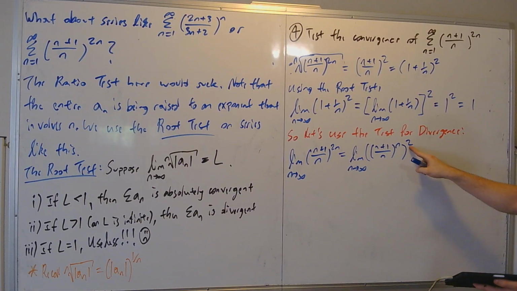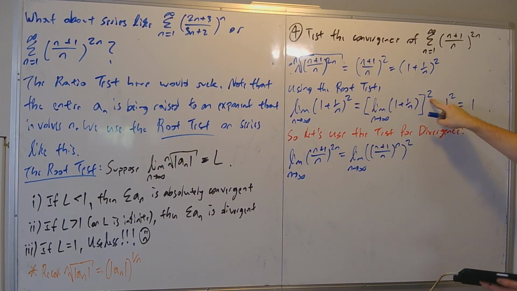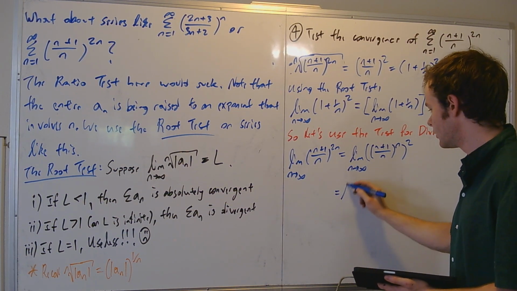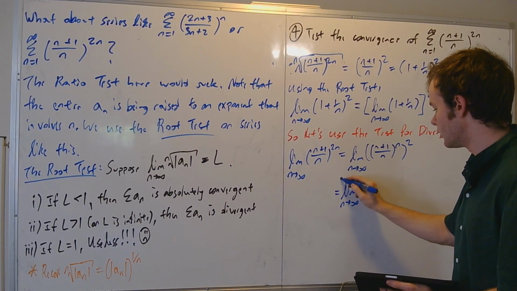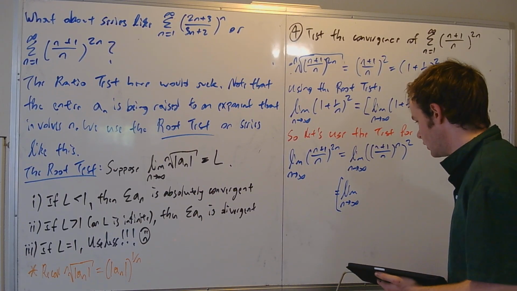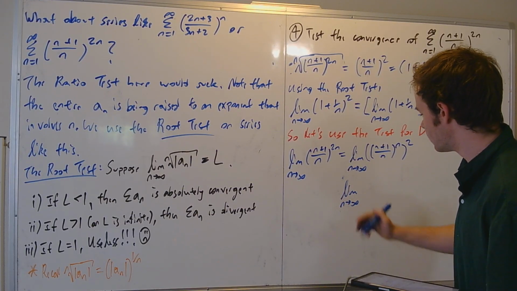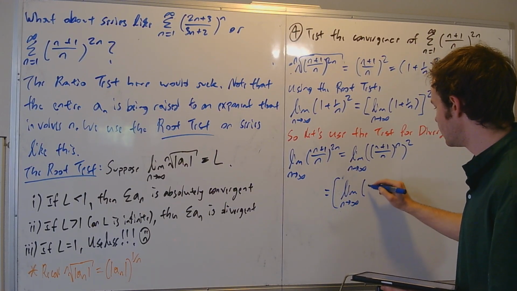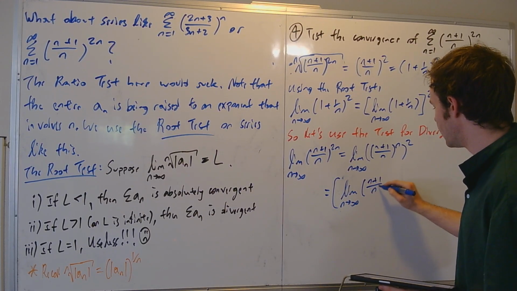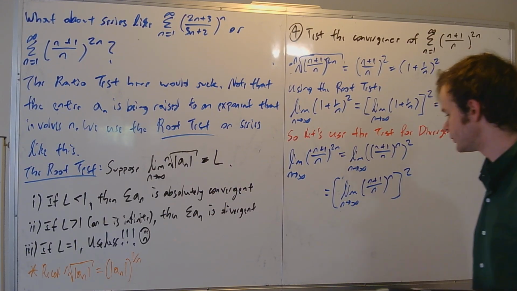But now, if we're taking the limit of this thing squared, we can do the same thing we did here, where we pull the 2 on the outside. Or sorry, I messed up the writing on this. This is the limit of ((n plus 1 over n) to the power of n) squared.